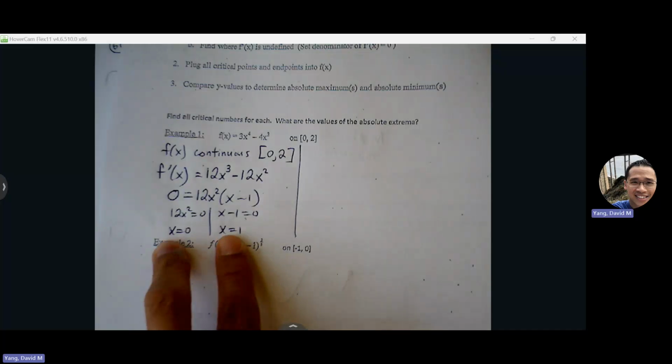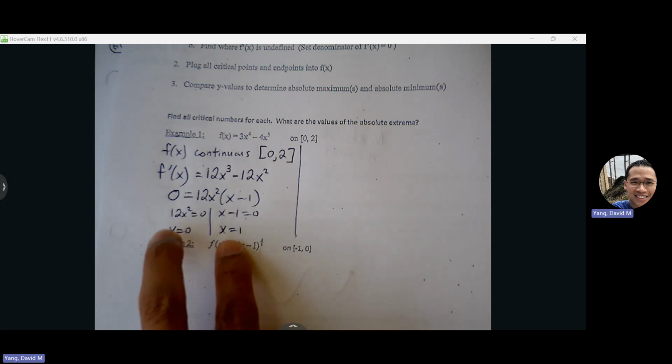So I have 2 critical points. I have 0 and 1. These are hills and valleys of the graph that may end up being an absolute max or min. We don't care if it's a hill or valley. We just are going to use the ordered pairs to help us find the absolute max, absolute min.